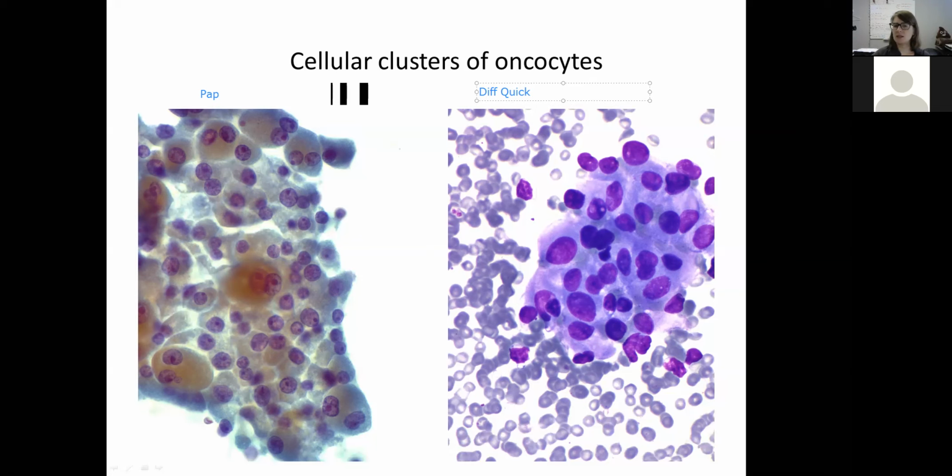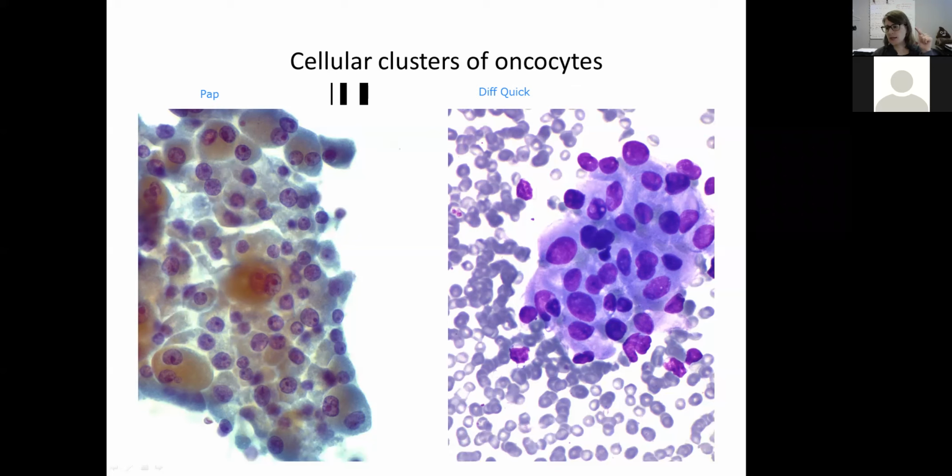The benefit of Diff-Quick is not only its quick ability to stain, but the fact that you can very nicely make out the density of the cytoplasm. Unfortunately, the nuclear features sometimes get lost in the Diff-Quick. However, the PAP stain, which requires longer-term processing, overnight fixation, and staining, the nuclear features end up being a little more clear.